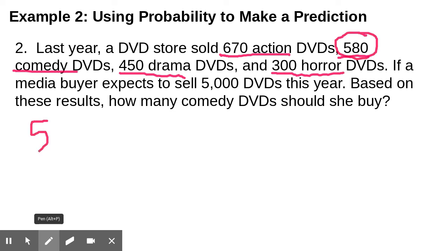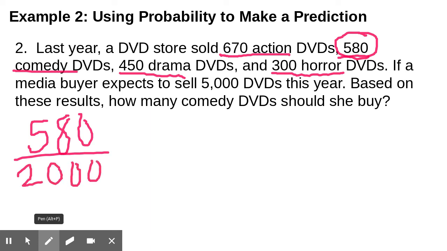So we have 580 comedy DVDs out of the total of how many? Not the 5,000 yet. It's 580 out of the total number of DVDs, which is the 670 plus the 580 plus the 450 plus the 300, sorry, which gives me 2,000.